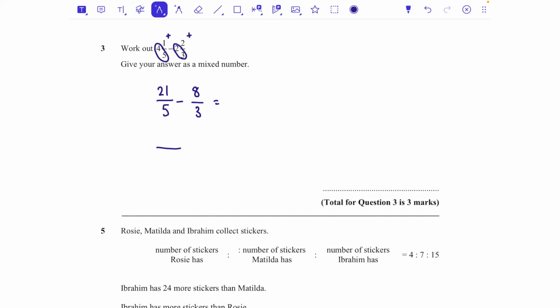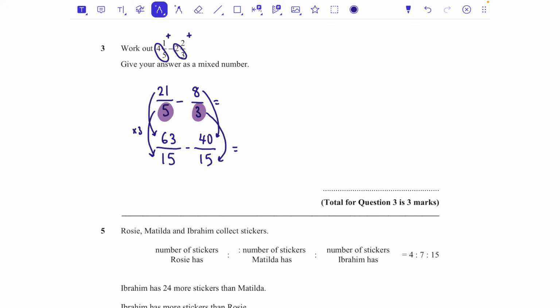To subtract or add fractions, you need to make the denominators the same. So I'm looking for a number that's in the 5 times table and the 3 times table, and that's going to be 15. Whatever we do to the bottom, we also need to do to the top. So I've timesed that by 3. I also need to times the numerator by 3, and that would be 63. With this fraction, I've timesed the denominator by 5. I also need to times the numerator by 5, and that would be 40.